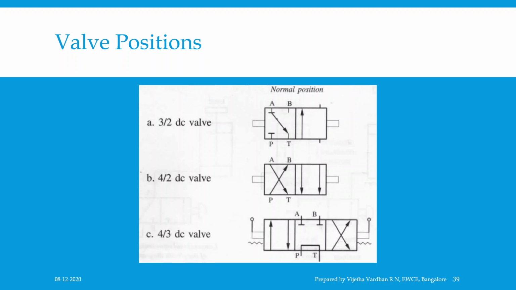The normal position is that position where, even by chance the pump is switched on, the oil should flow to the tank instead of the actuator, or should flow to port B and the rod end of the cylinder. Also, the names of the cylinders and the ports are mentioned only in the normal position. Other positions and directions are shown without naming of ports, with only the way inside the block. Similarly, the normal position for cylinders is the retracted position.